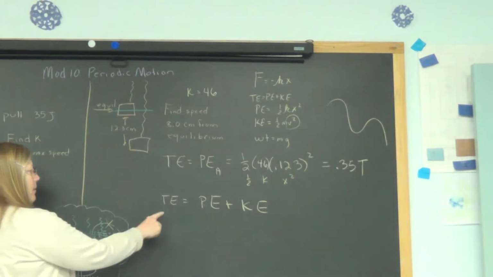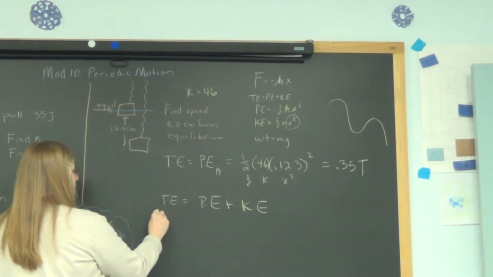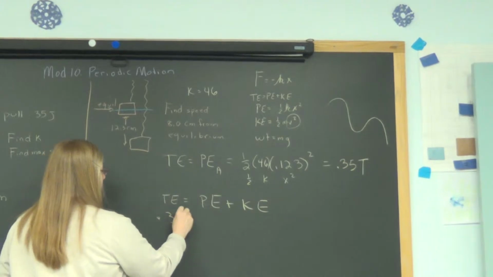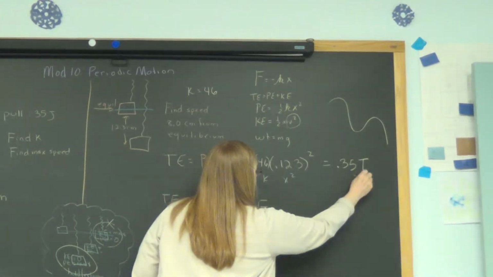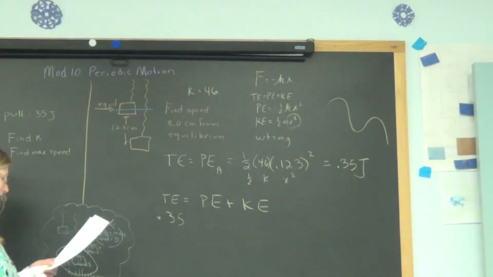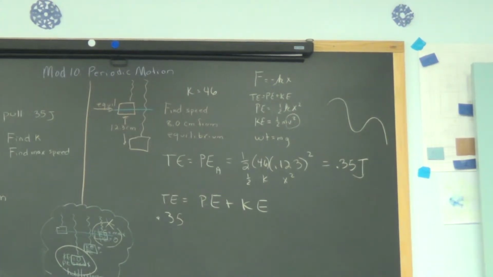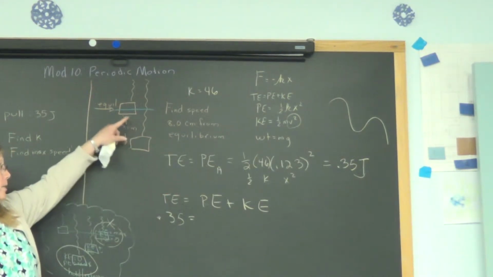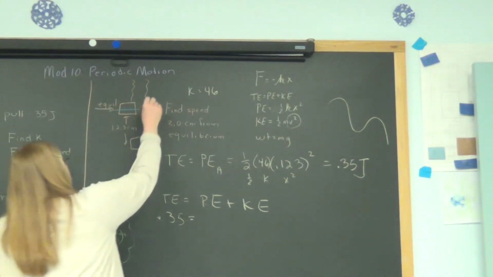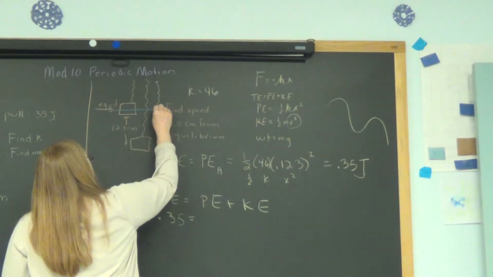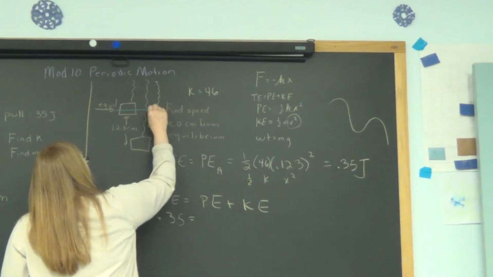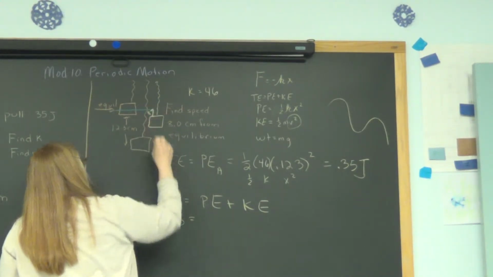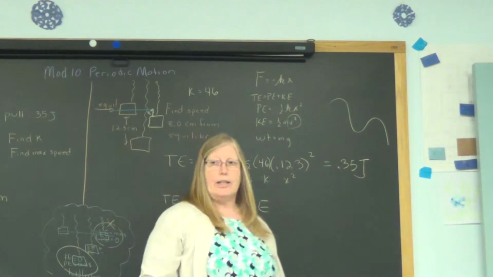So putting in what we know already, we know total energy is 0.35 joules. Potential energy, we're looking now at 8 centimeters from equilibrium. So this thing is going to go up to here.